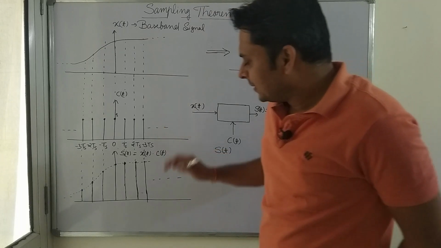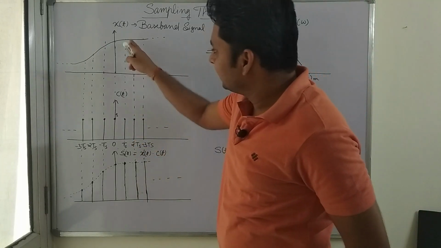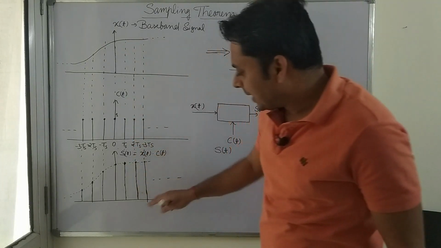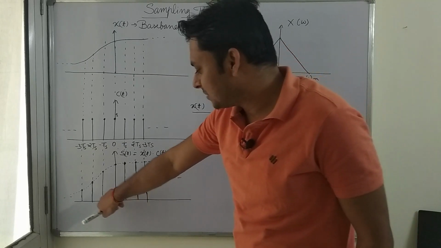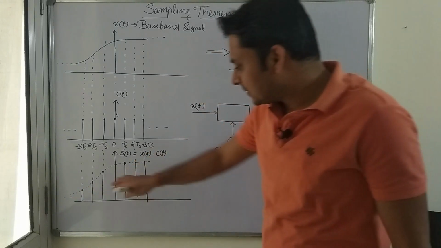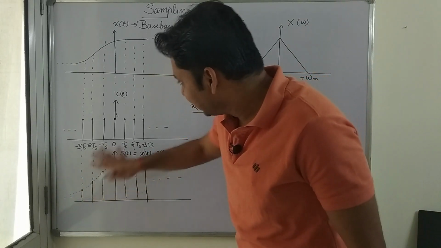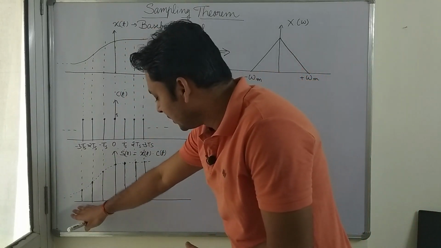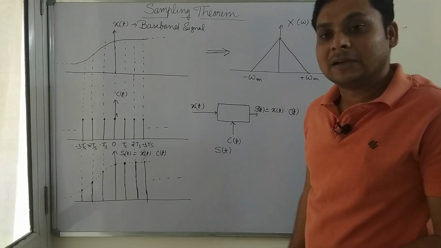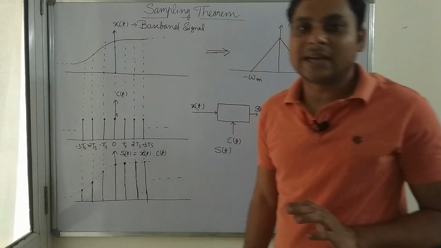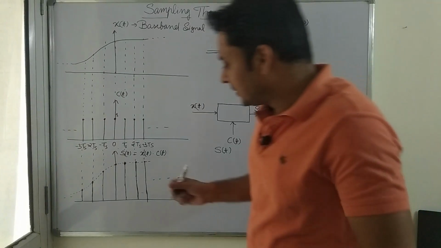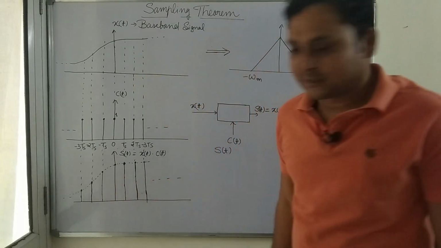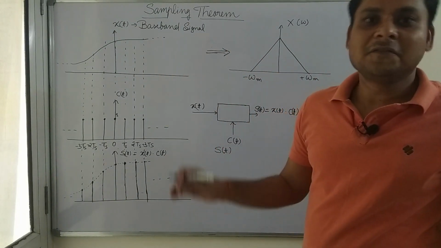In this way, only at these instants will the value of the function appear, and except for these the value has become 0. So this signal is converted into a discrete time signal. It is not continuous in time, so you cannot find the value of the signal at every point of time.